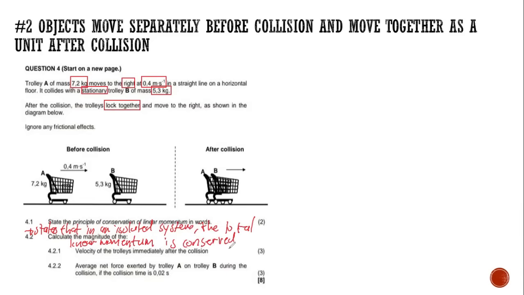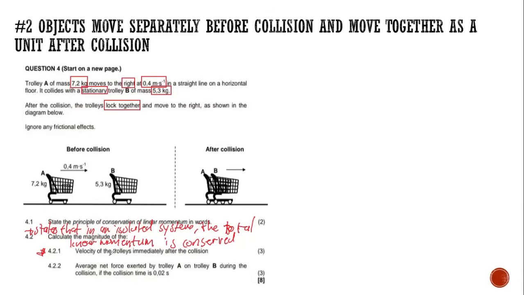So that's basically how we have our definition. Then 4.2.1, which is the main focus of this case: the velocity of the trolleys immediately after the collision.